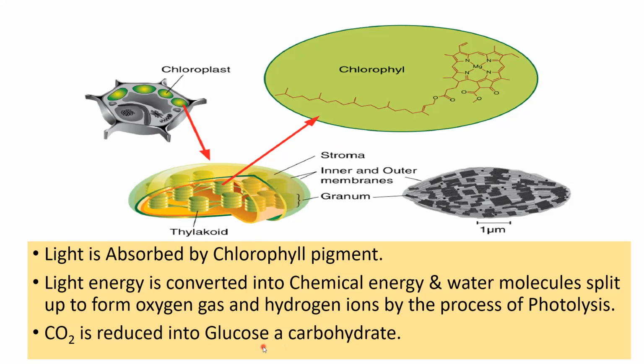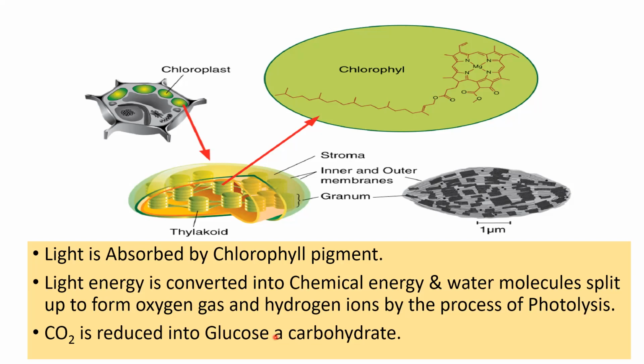by the process of reduction, and glucose is formed as a product of photosynthesis, which is an organic compound, a carbohydrate, which decomposes in the mitochondria of each and every cell to produce energy whenever it is required.